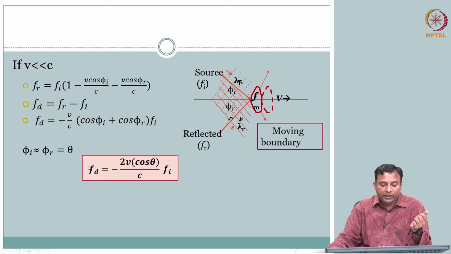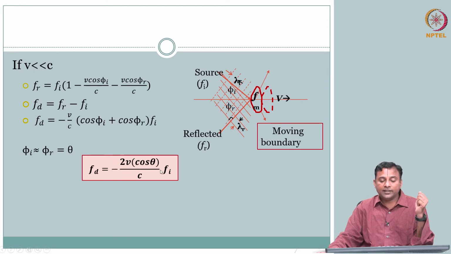Here you see Fr minus Fi is your Fd, proportional to V. Of course, you have a few other terms here. So you have your cos theta, because it depends on the relative orientations, and your speed of sound C. More interestingly, it is also dependent on Fi.